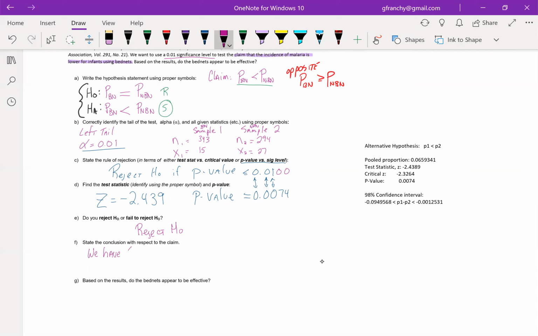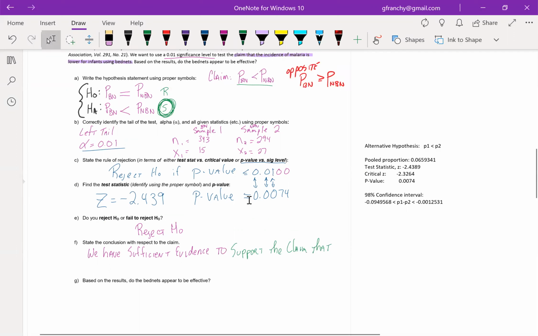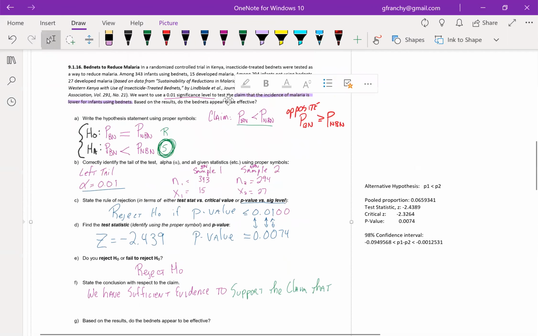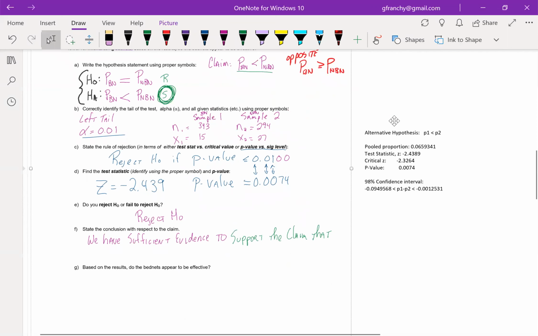So we have sufficient evidence to, and since we circled the S up here, S is for support, support the claim that. And then the next thing that we do is we literally go ahead and copy our claim word for word there.